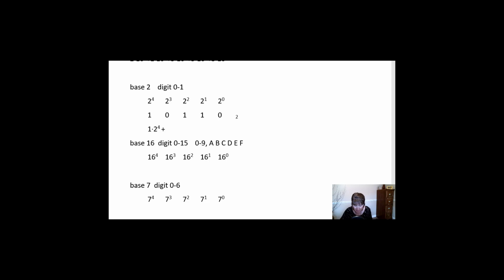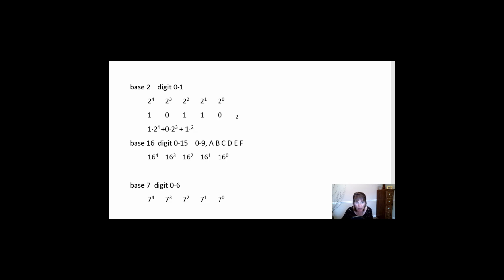Then it's a 0, so you do the digit 0 times 2 to the 3rd. And then plus 1, and you get the idea of how you write this out.